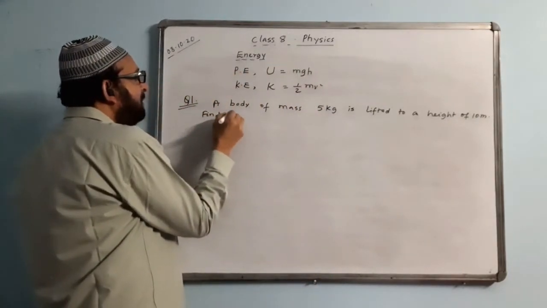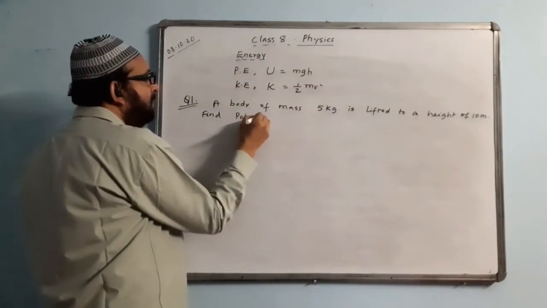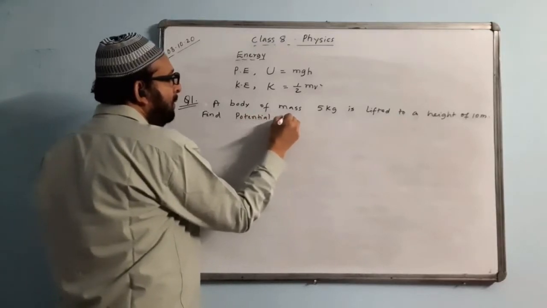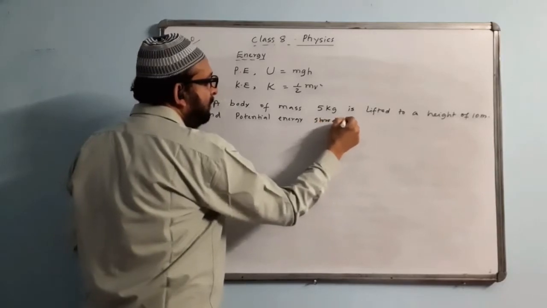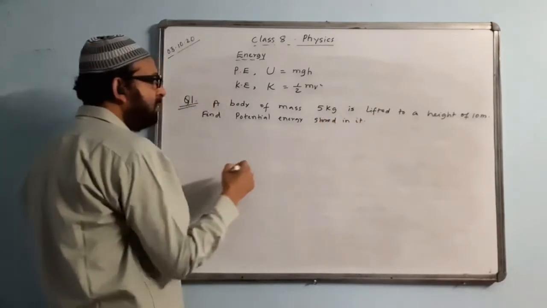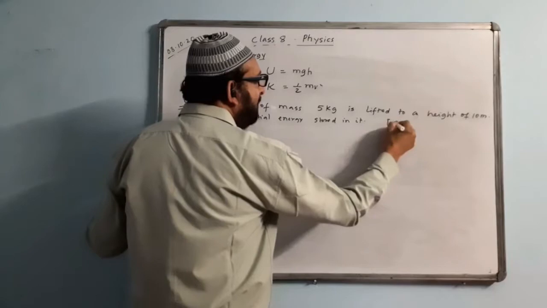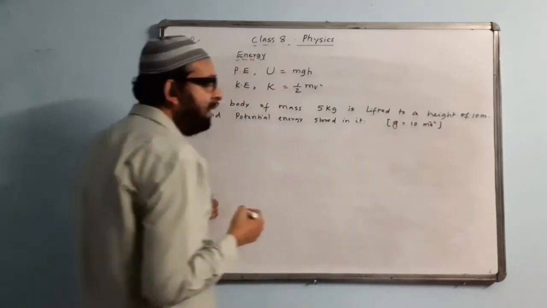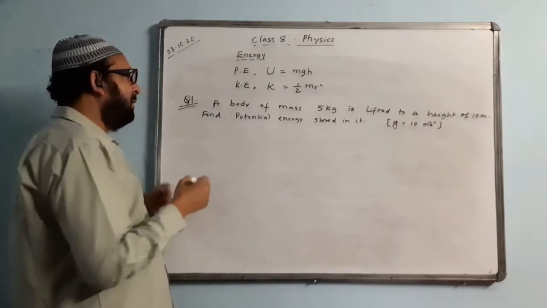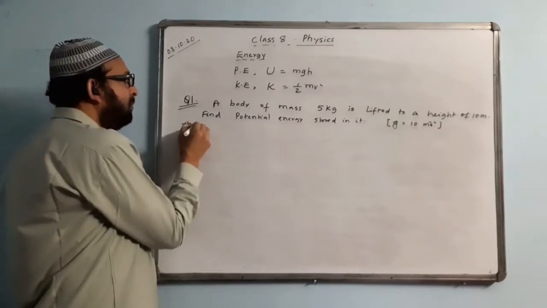Find potential energy stored in it. That is the question. And in the question they will give the value of G, 10 meter per second square or 9.8 meter per second square. Any one of the values will be given.